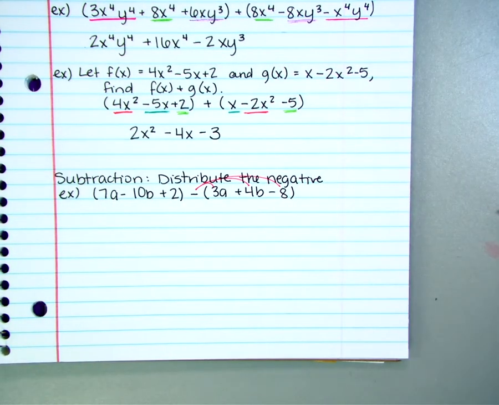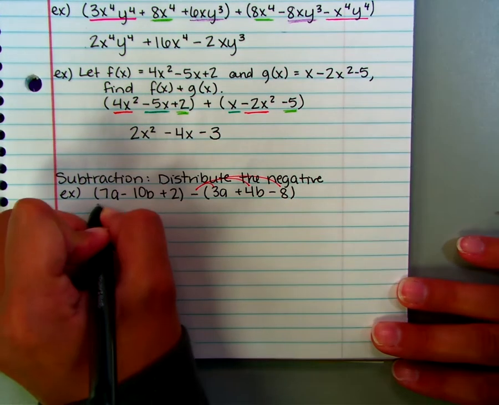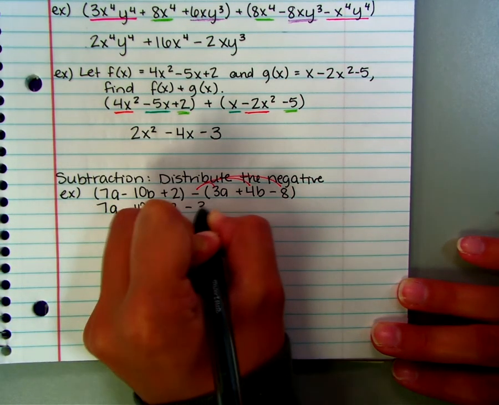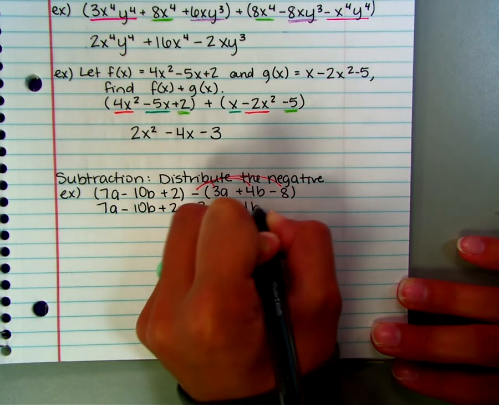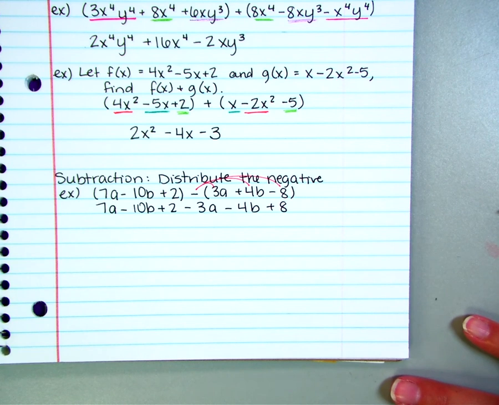And all that does when we distribute the negative is it changes it to the opposite sign because we're multiplying by negative 1. And so I'm going to write it all the way out just so that we can see it clearly. And you'll notice all the signs change. If you can see it without writing it out, that's fine, but it's much clearer and much more helpful if you do write it out.